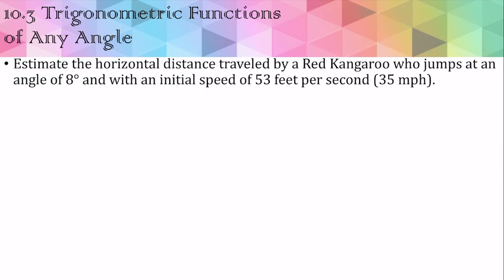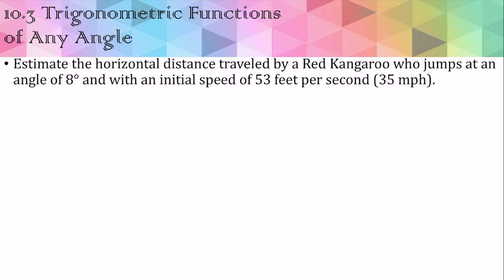Our problem-solving problem for this lesson is estimating a horizontal distance of a projectile, in this case a red kangaroo, who jumps at an angle of 8 degrees with an initial speed of 53 feet per second. All right, so you need a formula.